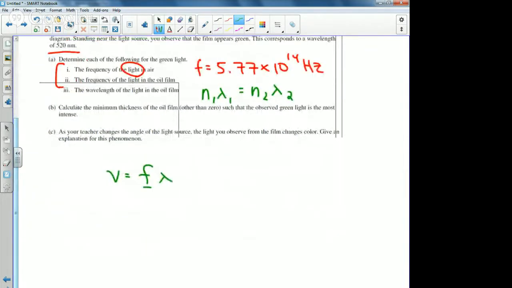You know the frequency and you're looking for wavelength, but is it the same speed? No. So we'll have to use n equals c over v to solve for the speed first, and then use v equals f lambda. Or you could use n1 lambda 1 equals n2 lambda 2, like I told you to. Both work.